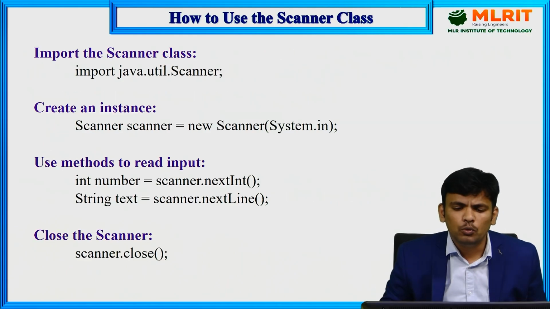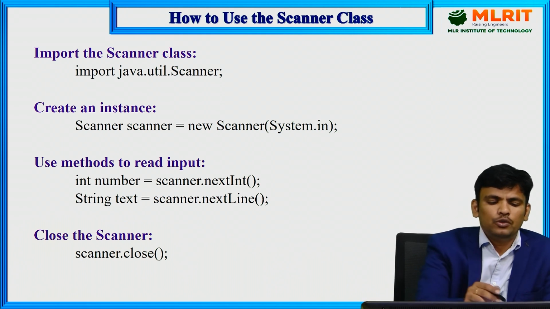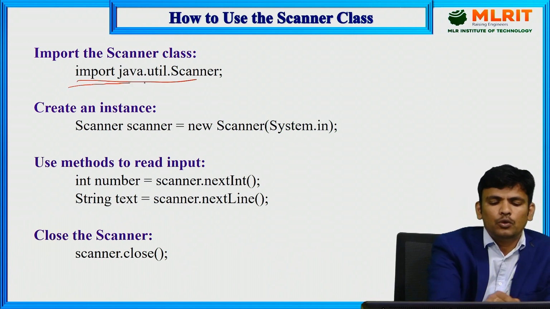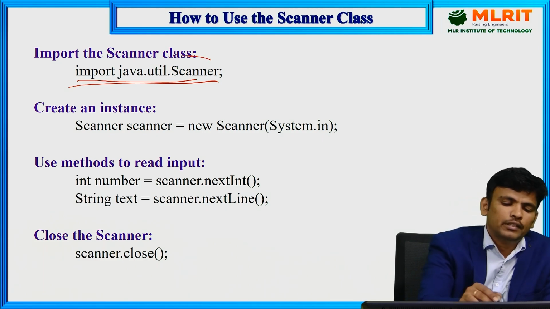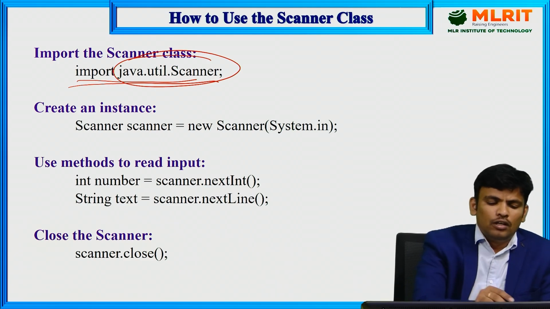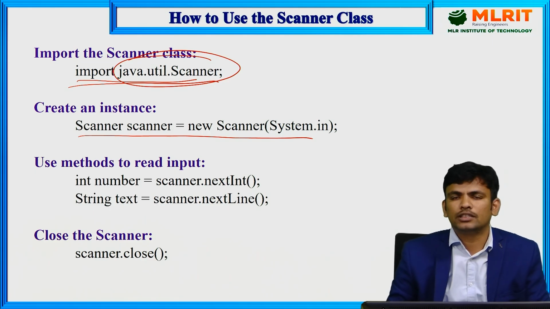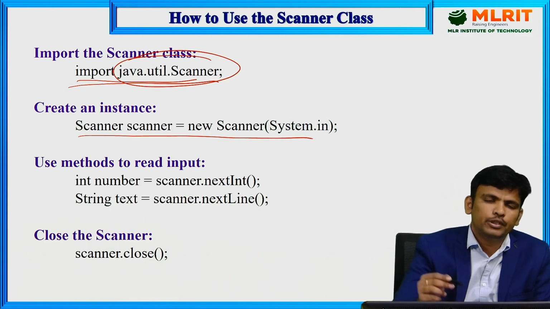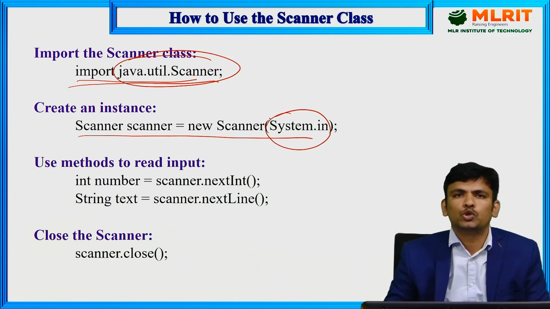Now, how do we work with the Scanner class? As the first step, we need to include this package. Since the Scanner class is present inside the java.util package, we compulsorily need to include it. Next, we need to create an object of the Scanner class. If you want to access any method inside the Scanner class, object creation is mandatory. Here we need to pass the input source.